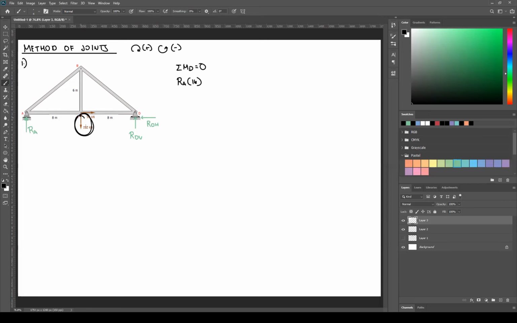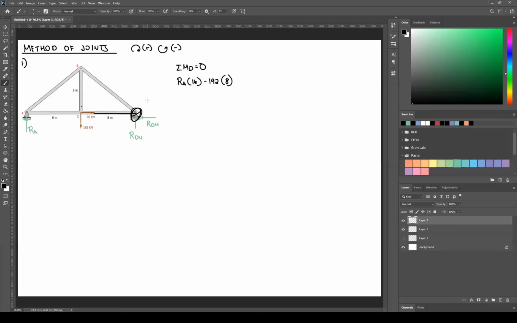Next, we have 192. Similar to what I did here, rotate 192 about D. That creates a counterclockwise moment. So negative 192. And then multiplied by its perpendicular distance to D, and that's 8. So times 8. Next, we have 96. 96 actually passes through D. Now, whenever a force passes through your moment center, it creates a moment of 0.